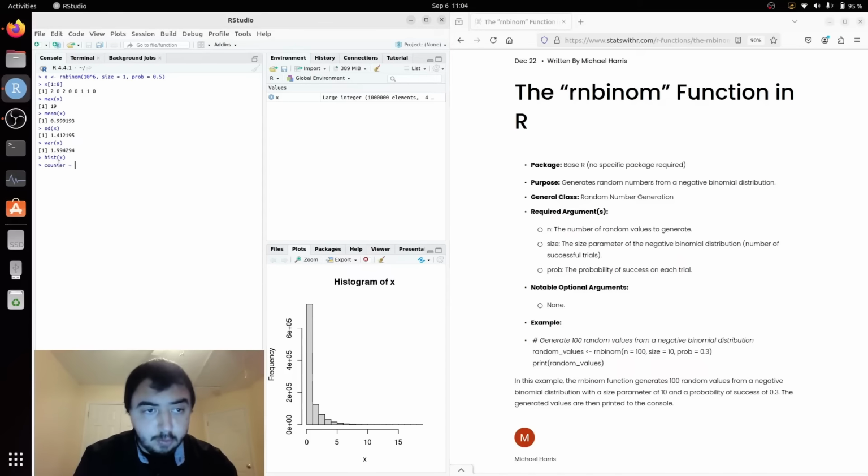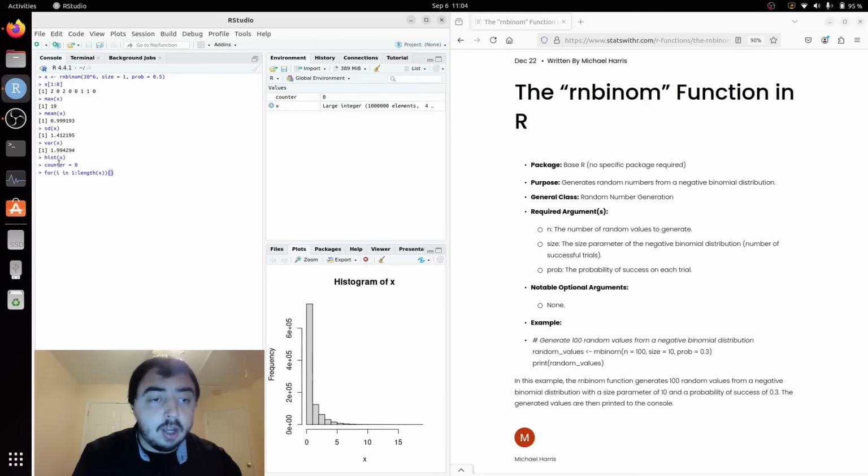So we want counter equals 0, for i in 1 to the length of x. I've been doing this so much. I'm going to be glad when we're done with the data generating functions, but I think getting probabilities by simulation here is an important part of this. Okay, so for i in 1 to the length of x, so the length of x is 1 million, so it's 1 to 1 million.